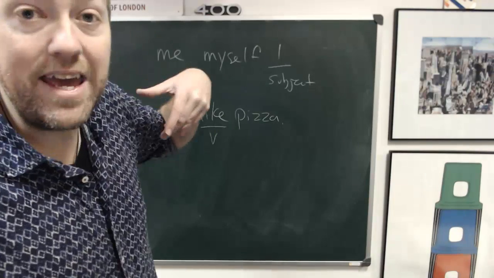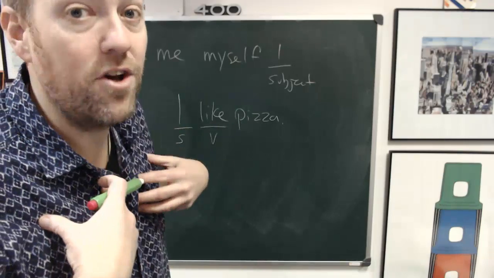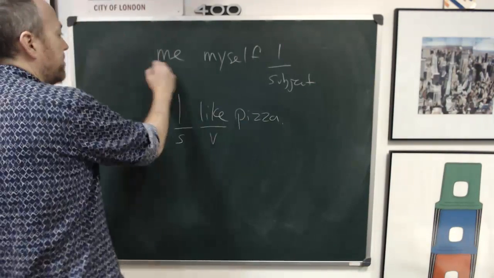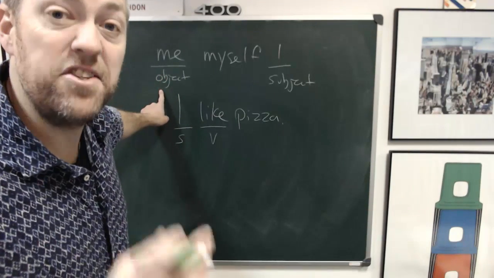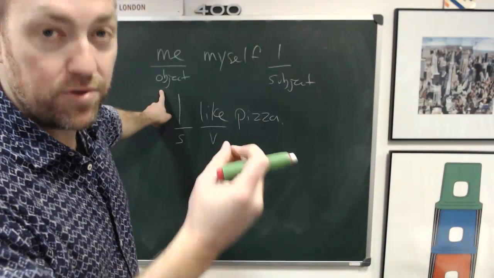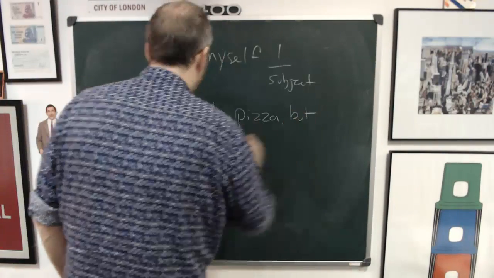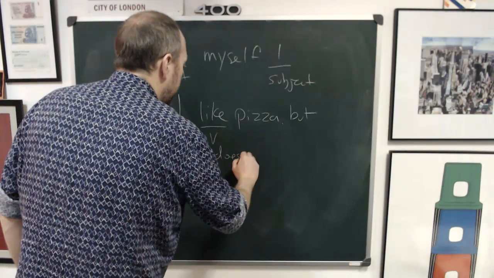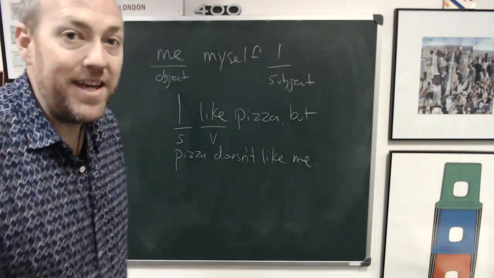And if we are using it as an object, we have to use me. Me is an object pronoun. We use it in the object position. So for example, I like pizza, but pizza doesn't like me.